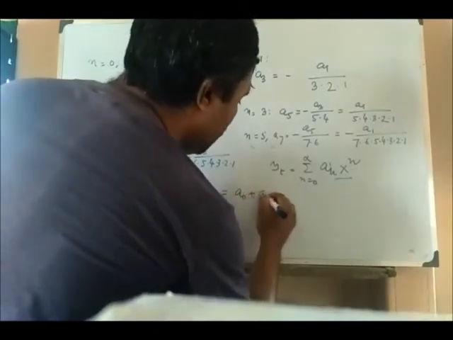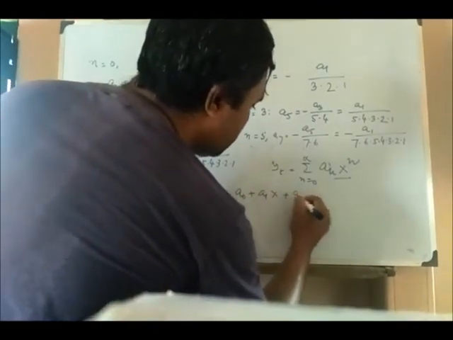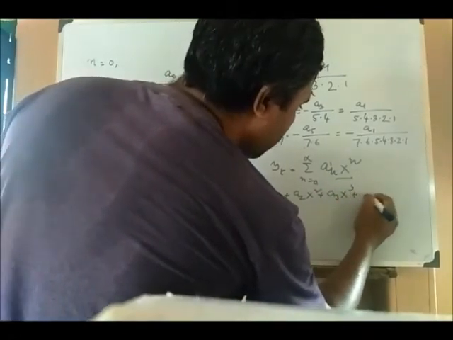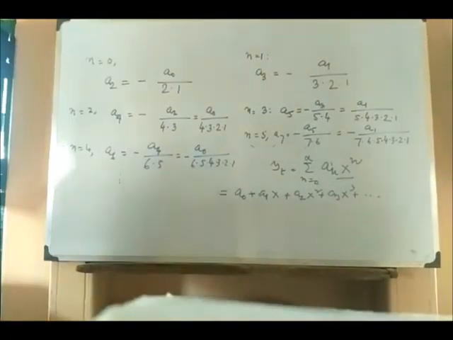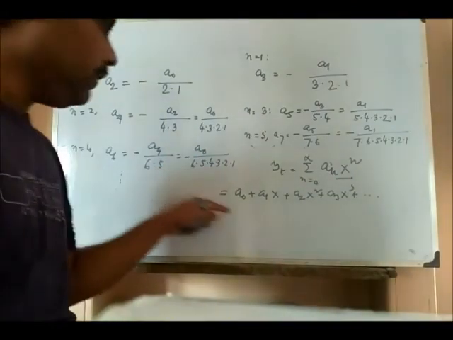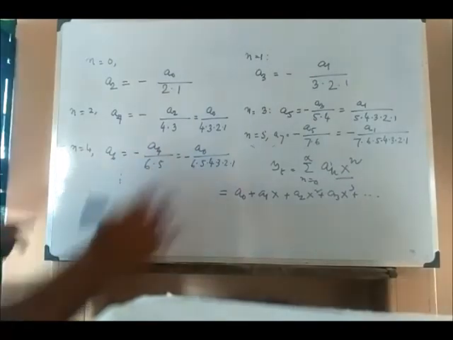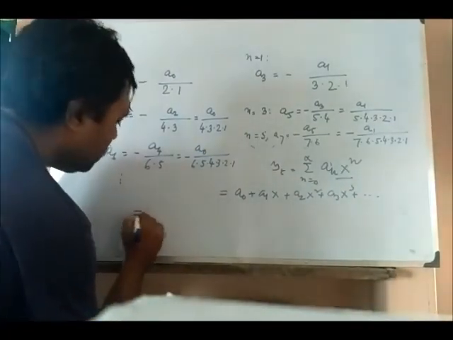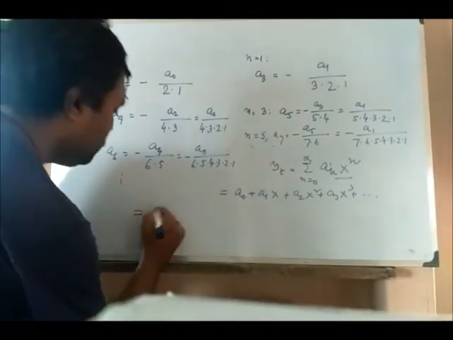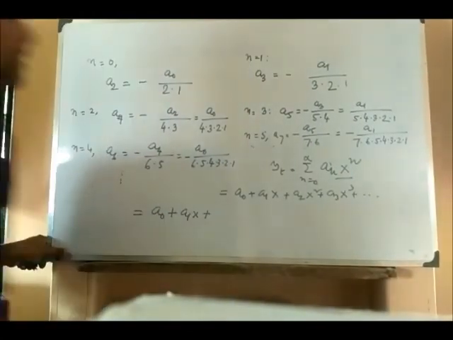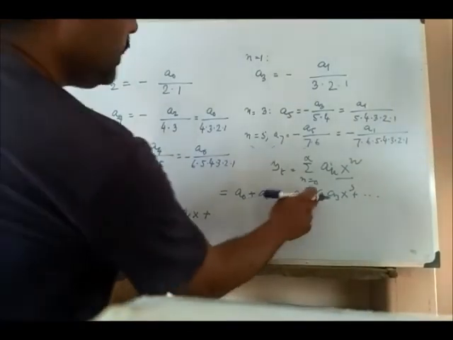So this is a0, a1x, a2x squared plus a3x cubed, and so on, and you are going to put all the coefficients here. So what you will get: this will be a0 plus a1x plus a2x squared.